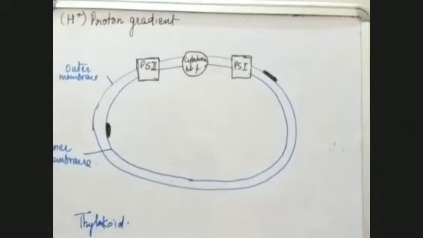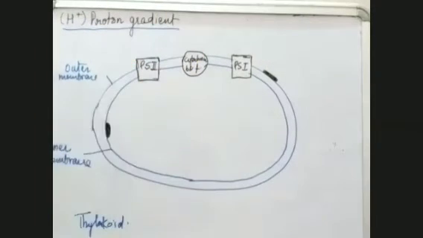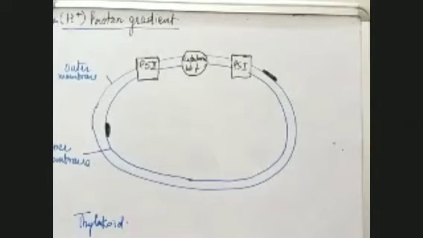It is based on this principle of proton gradient. Whether it's mitochondria or chloroplast, always the synthesis of ATP and NADPH is because of this proton gradient.